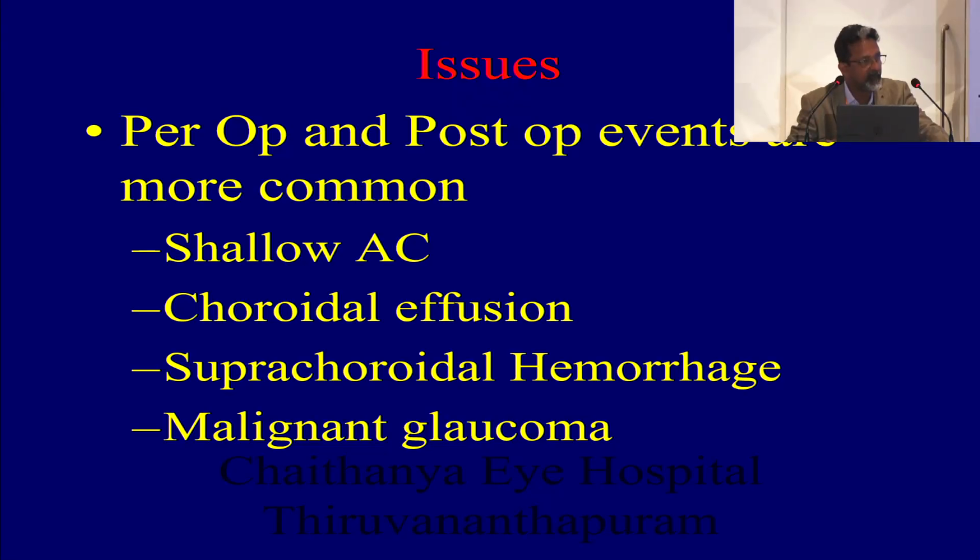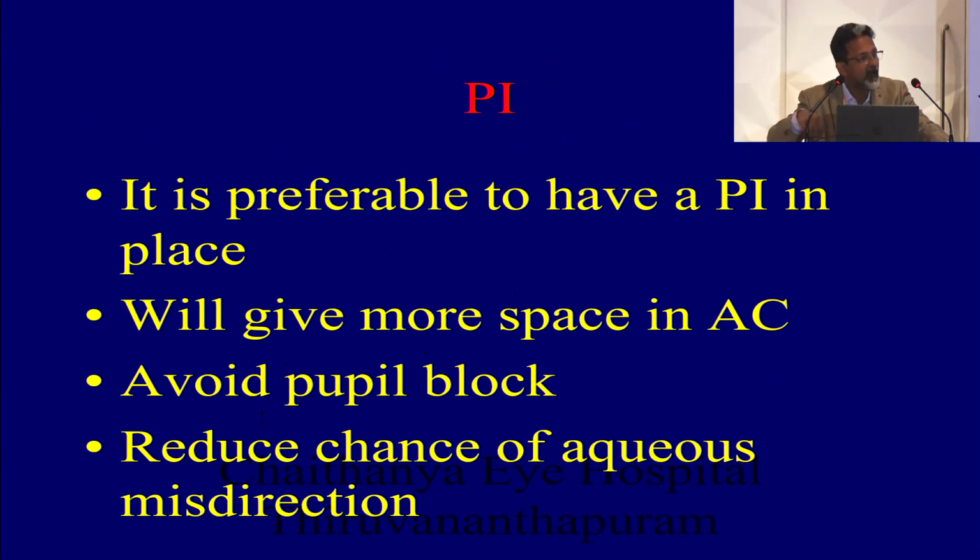All these are more common when you're taking on an angle closure, and it is always preferable to have a PI in place. This can give us a little more space in the anterior chamber and avoid pupillary block as a mechanism for shallowing per-op and post-op as well. And it also is expected to reduce aqueous misdirection, which is more common in angle closure.